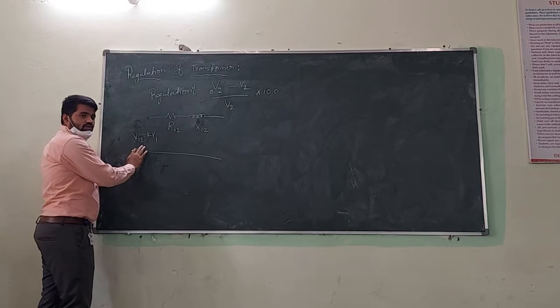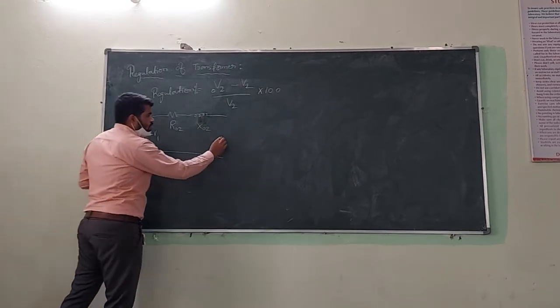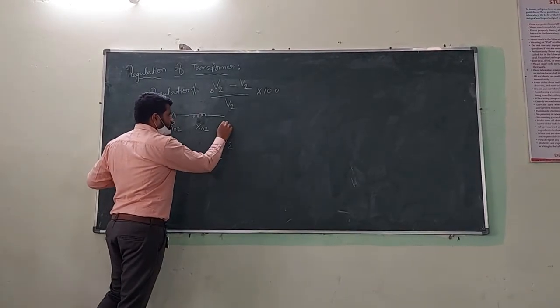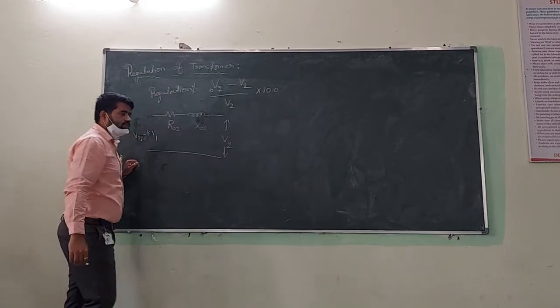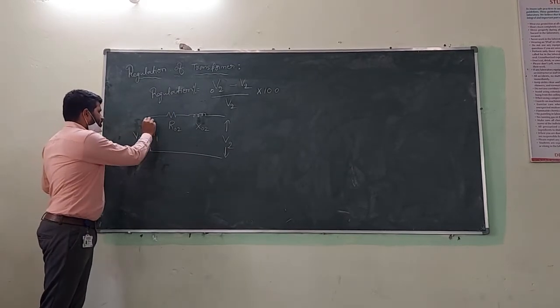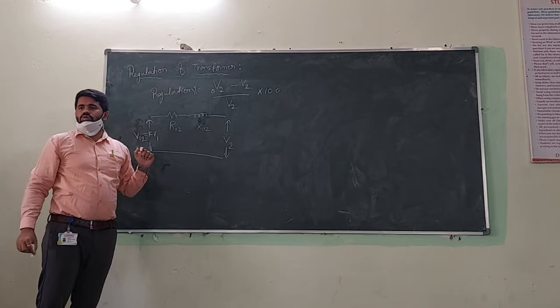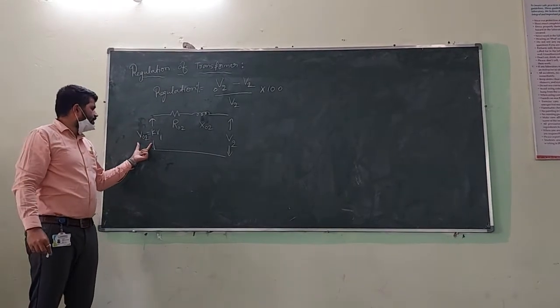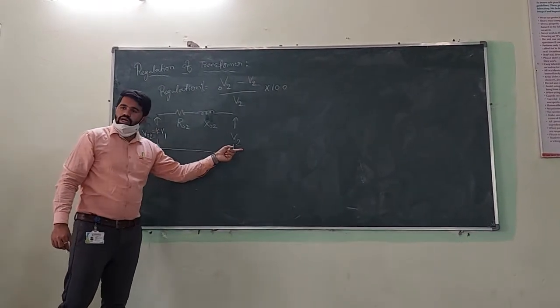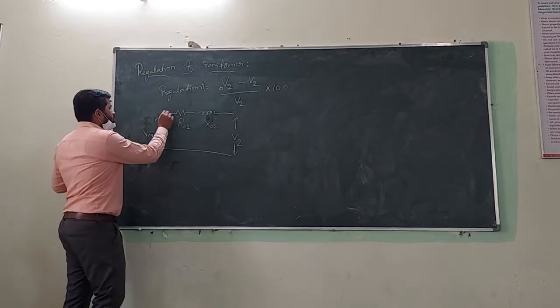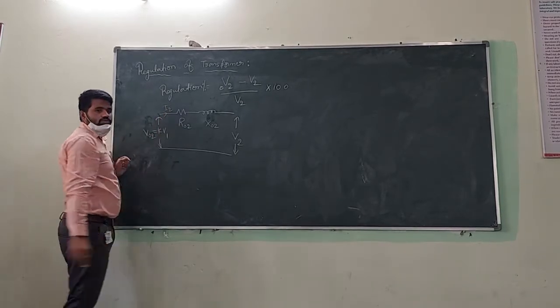It is nearly equal to 230, I am assuming 230. Now how much voltage will you get here? V2, the full load voltage, after the no load voltage. Can I write 230 minus 10? You will get 220. I am assuming the current flowing is I2.